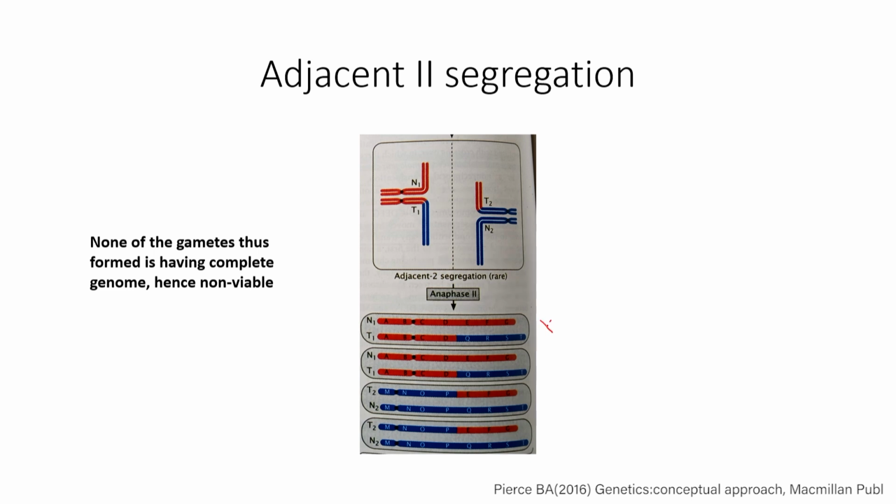So this gamete has an incomplete genome. Here also the same thing. Here also you can see blue more, red less, that means this is incomplete genome. So all these gametes will die because they are not complete.